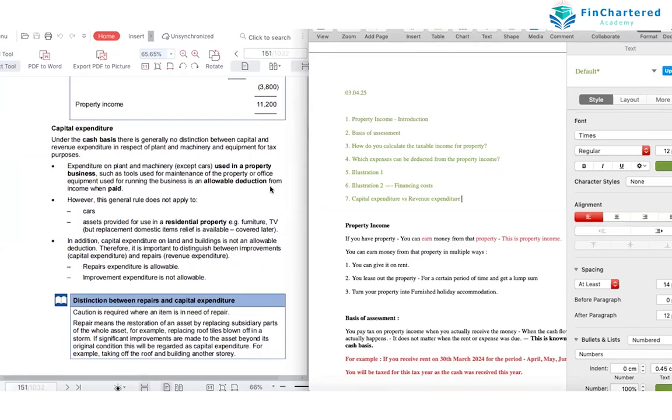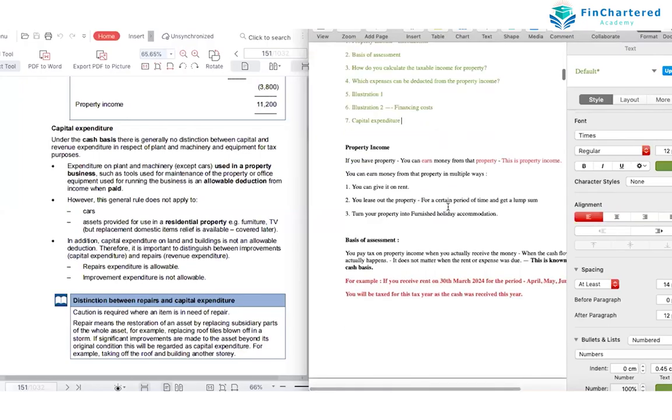So, here, what happens is this. Obviously when you have a rental property, I'm just keeping this as per the textbook so it's easier for you to locate. But when you have a property, you will definitely spend money on that property. But which money, how to treat what expense, how to treat is what you will look at.